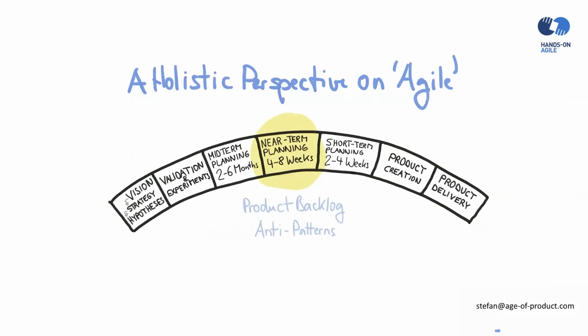So from my perspective, the near-term planning, the product backlog, is crucial to the success of your whole team. It's the last line of defense to keep stuff that doesn't belong there out of the production process of actually shipping code. From my perspective, it's the make or break.